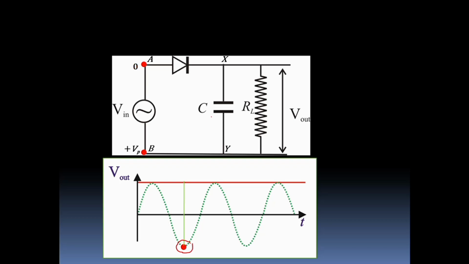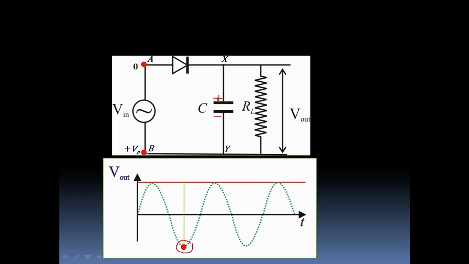At this moment, the capacitor has been charged, this as negative and this as positive, because it was charged during the first half cycle. During the first half cycle, A was positive with respect to B. Then, if we consider the potential difference of the capacitor remains unchanged during the discharging process, then the positive plate must be at VP potential with respect to the negative plate.